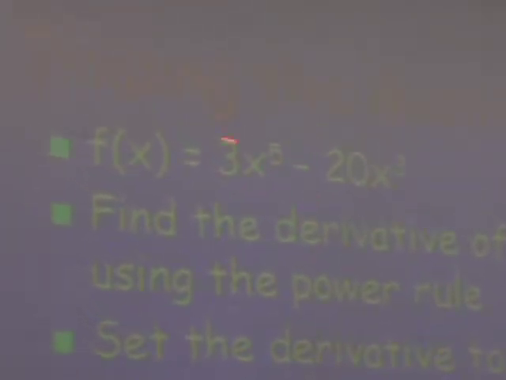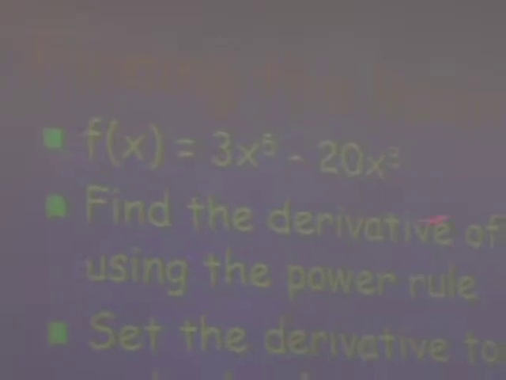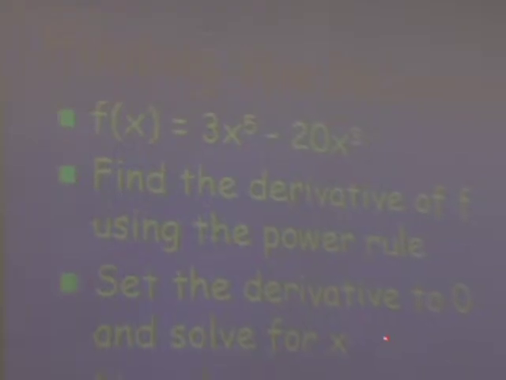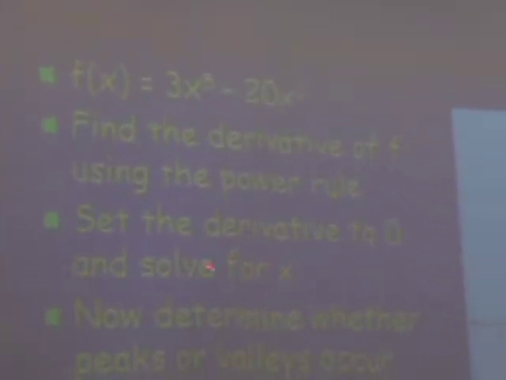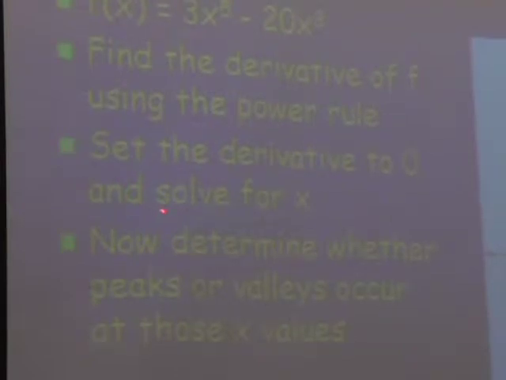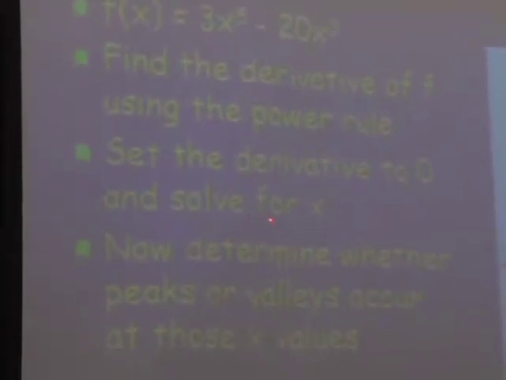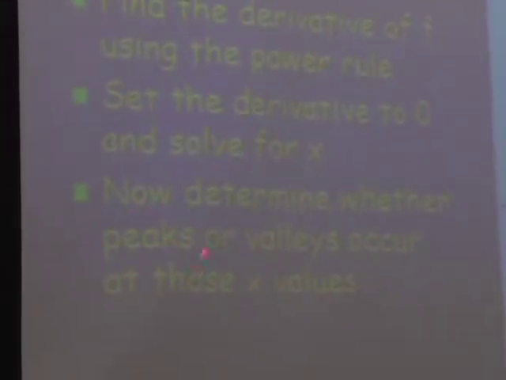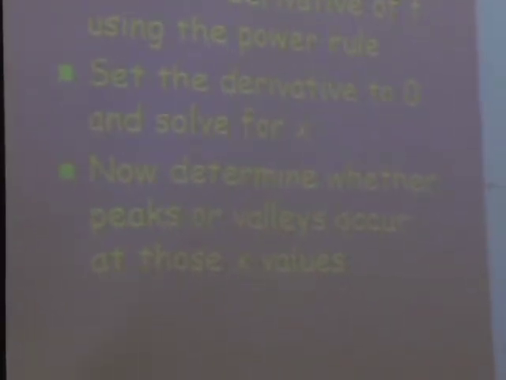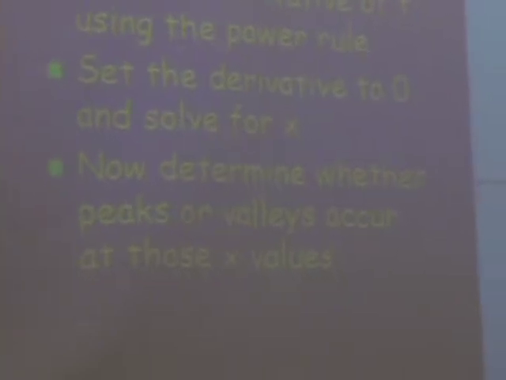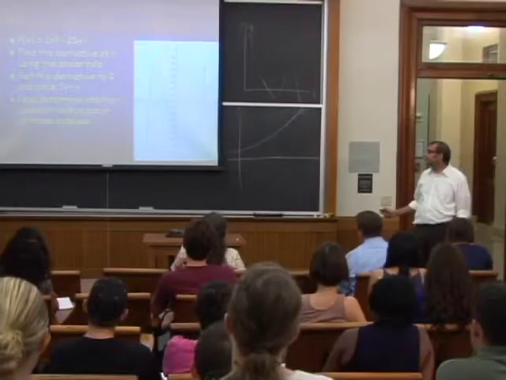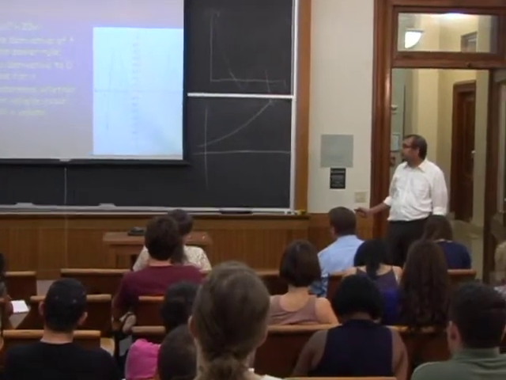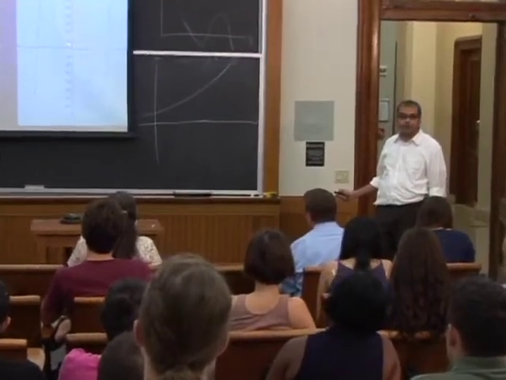That's going to be 15x to the 4 minus 60x squared. You could take that derivative, find the values of x for which it is equal to 0, and then you know that at those values of x, the function might be attaining a maximum, a minimum, or possibly a point of inflection.